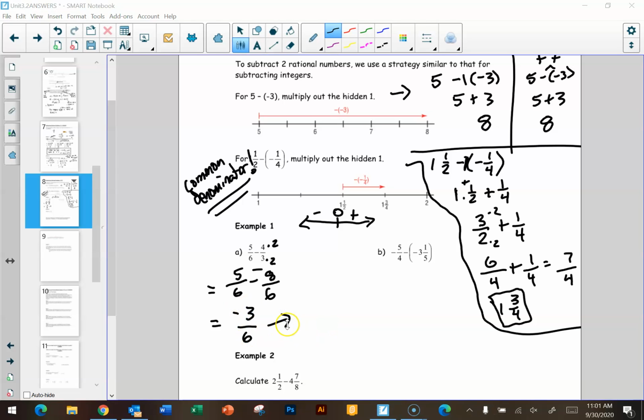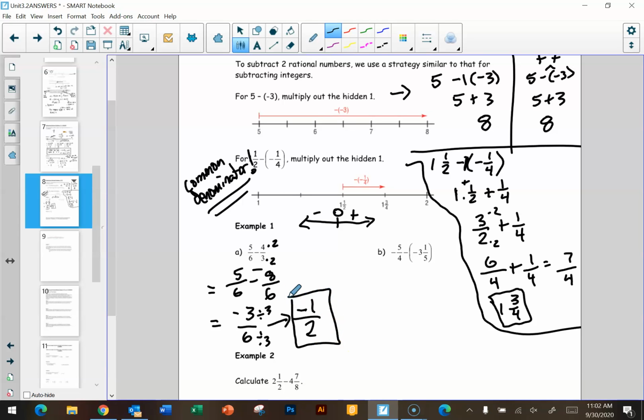And then we can simplify this, because I can divide 3 out of 6. So if I divide both of these by 3 at the very end, we're simplifying. Remember, whatever you do to the top, you have to do to the bottom. So -3 divided by 3 turns into -1, and 6 divided by 3 turns into 2. So -3 over 6 is the same as -1 over 2.